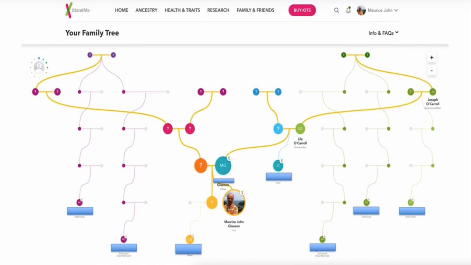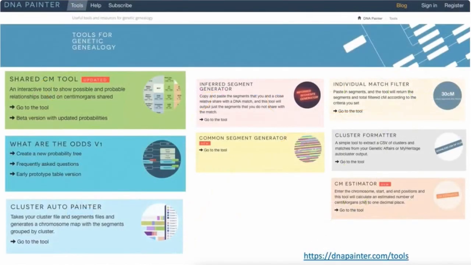Again, they're doing multiple analyses and then plotting people in various positions that they could occupy within the genetic family tree. And I think as we move further into the future, this is going to improve, it's going to get a lot better, and we'll have a lot more automation with this type of analysis.